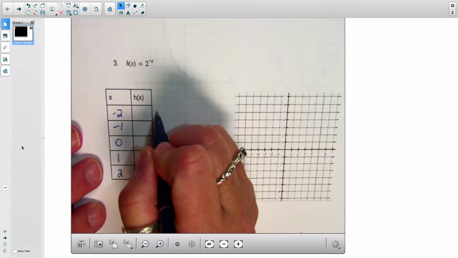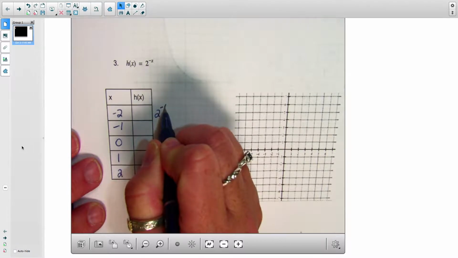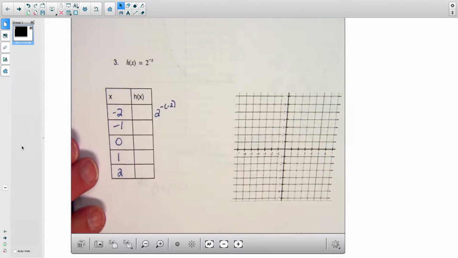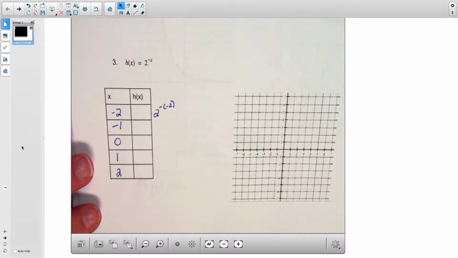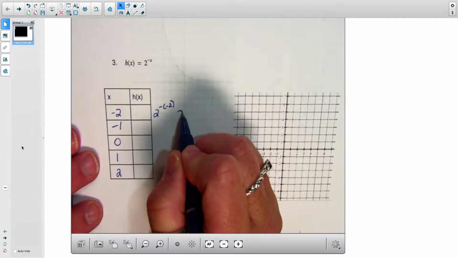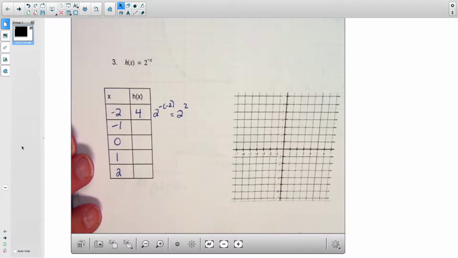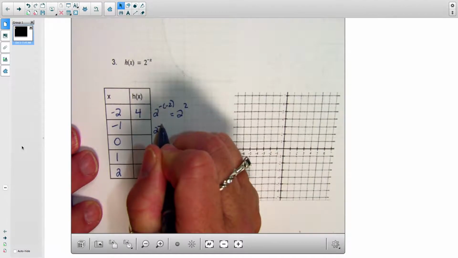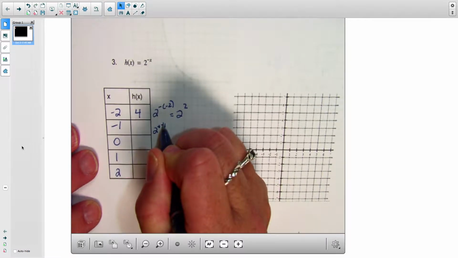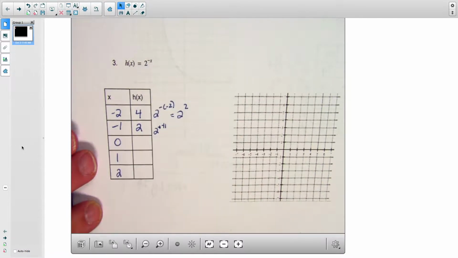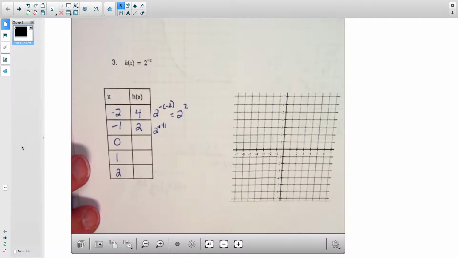So for the top one, it's 2 raised to the what power now? It's to the positive 2. So 2 squared is 4. 2 raised to the -1, 2. What's the opposite of 0? It's still 0, so it's still 1.